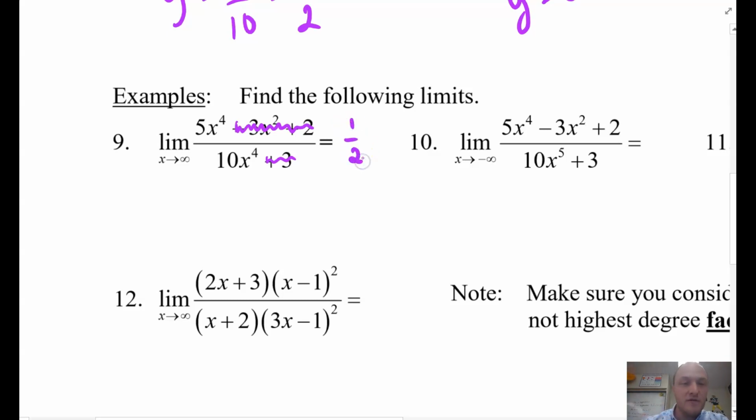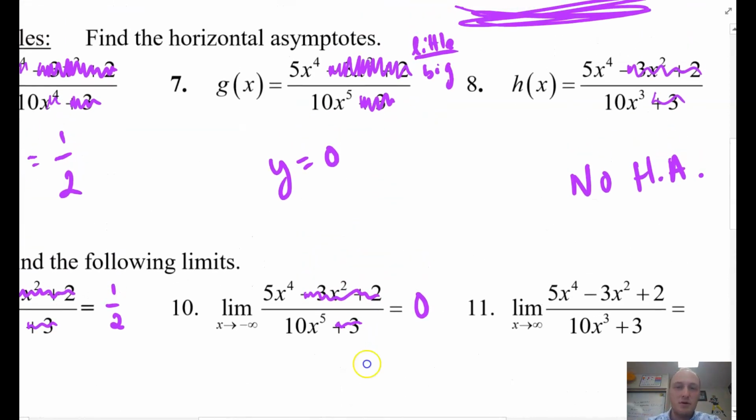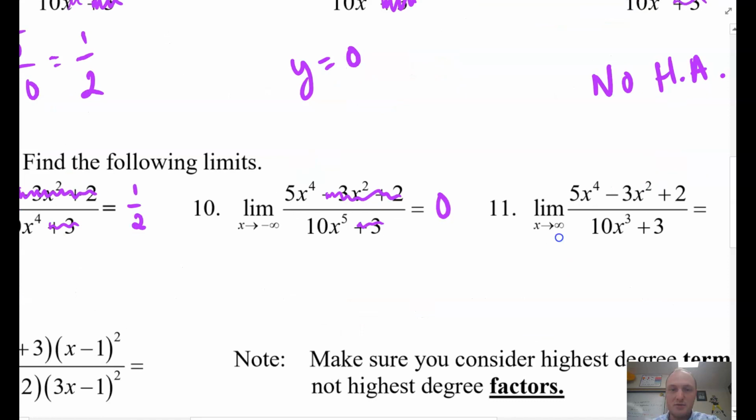So as we go out to infinity, our function is going to approach that asymptote, which is 1/2. Number 10. Here we have the little over the big. As we go out to positive infinity, our function is going to approach the horizontal asymptote, which will give us 0. That's the little over big. So the limit there is 0.